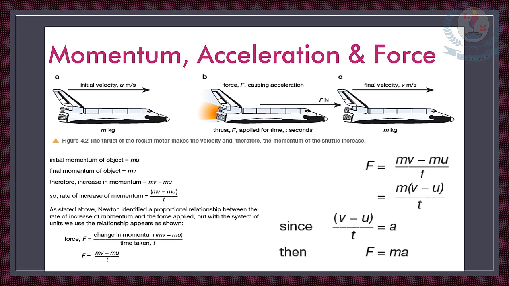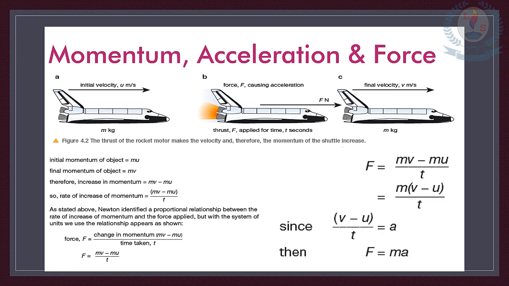So the initial momentum of the object can be taken as mu, and the final momentum of the object can be taken as mv. Therefore, the change in momentum can be found by subtracting the initial momentum from the final momentum, which is mv minus mu.